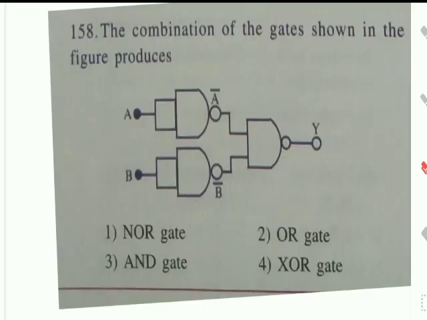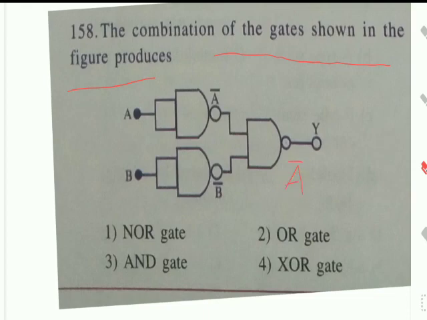The combination of the gates shown in the figure produces... Okay, from De Morgan's theorems, this is solved easily.